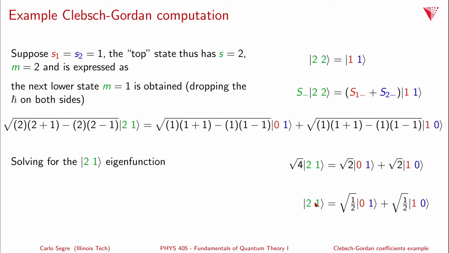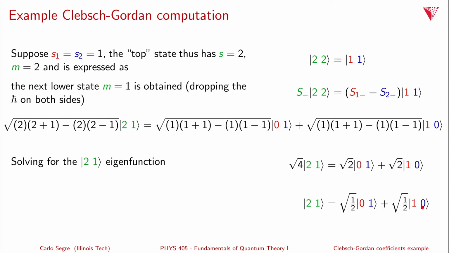Therefore, the state 2, 1, S equals 2, M equals 1, is 1 over the square root of 2 times the product state M1 equals 0 and M2 equals 1, plus 1 over the square root of 2 times the product state where M1 is equal to 1 and M2 is equal to 0.